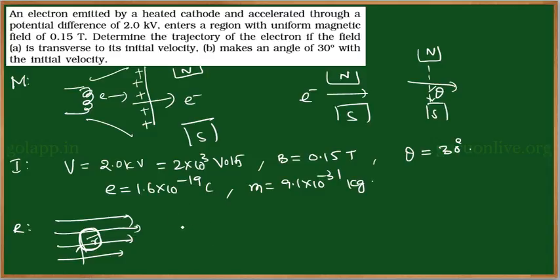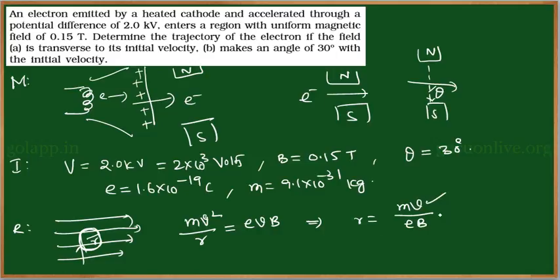Here the force experienced by the electron to put it into the circular path is called the centripetal force, mv square by r, which is equal to the electromagnetic force F equal to qvB. In this case it is evB. From this I can write r is equal to mv by eB.